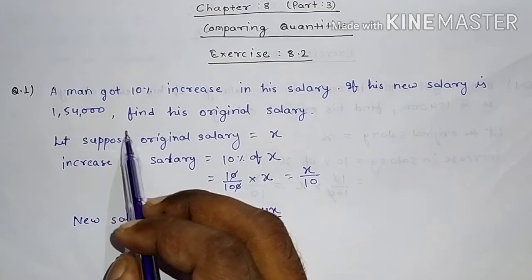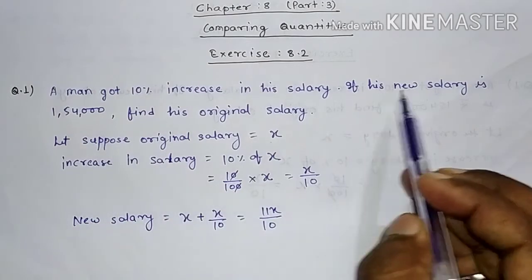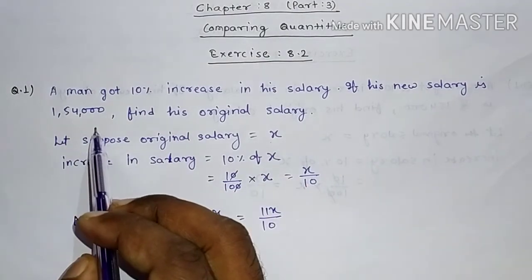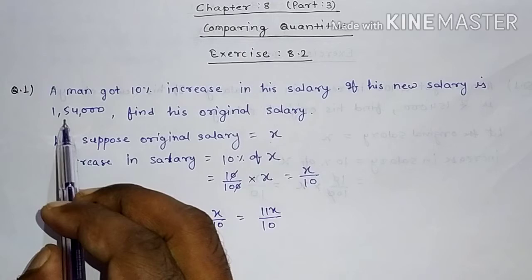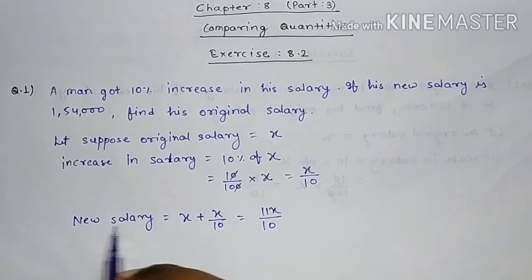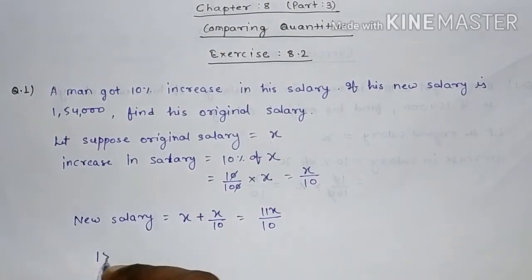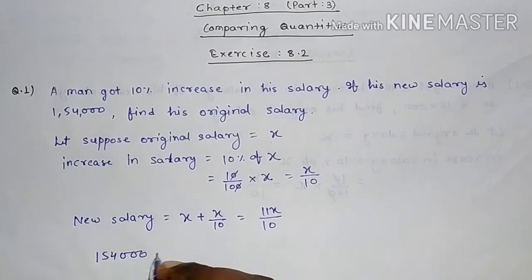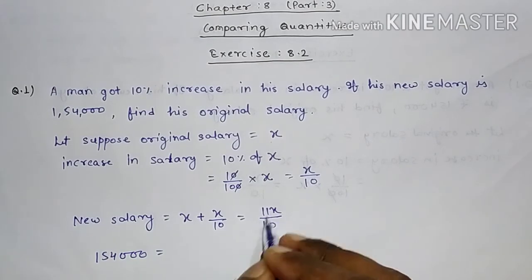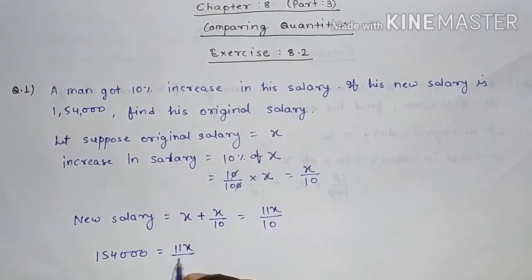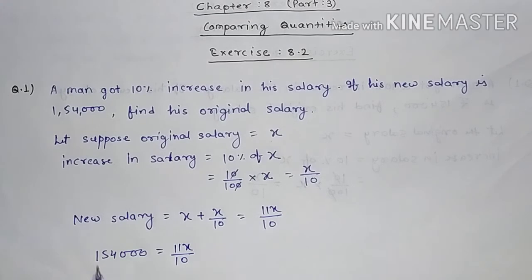In this question, the new salary is also given. The new salary is 1,54,000. So just put the value in this equation. So the new salary is 1,54,000 rupees, it is given here. So 1,54,000 is equal to 11x upon 10. From this equation we have to find the value of x.